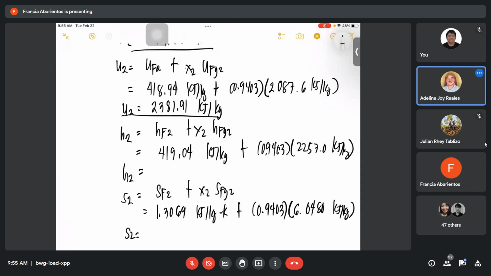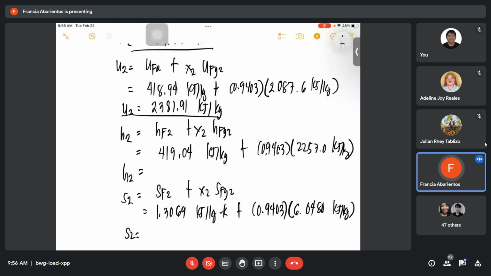Kasi yung nakuha ko po, ma'am, nag-divide po ako ng quality. Tapos, kung ano po yung lumabas sa calculator, yun po yung ginamit ko sa pagkuha ng internal energy. Parang iba po yung value ko. Ilan yung nakuha mo, Adeline? 2381.86 po. Tapos nung kinumpute ko po, gamit yung four decimal places, same po yung nakuha ko sa kanila. Opo. Yung 4 decimal places na lang tayo, Adeline. Huwag mo nang i-store yung sa quality. Sige po. Okay? Opo, para walang discrepancy.